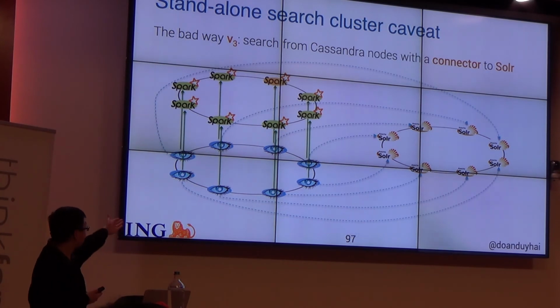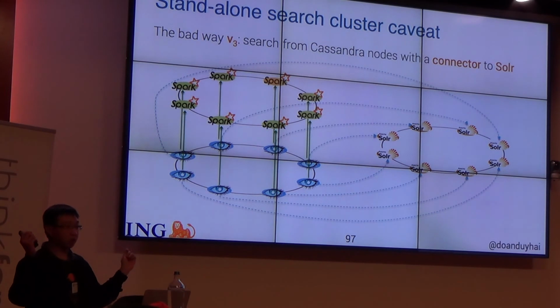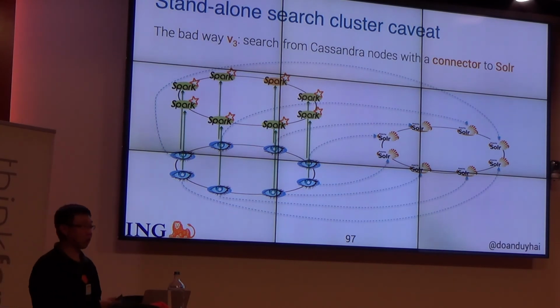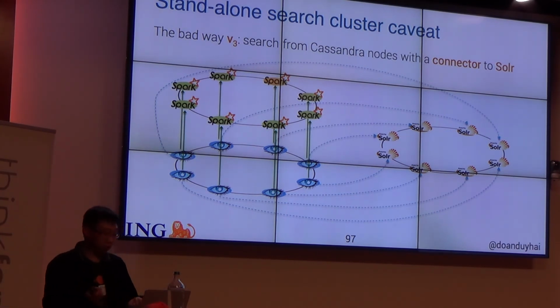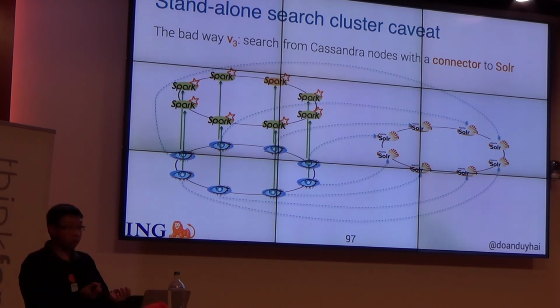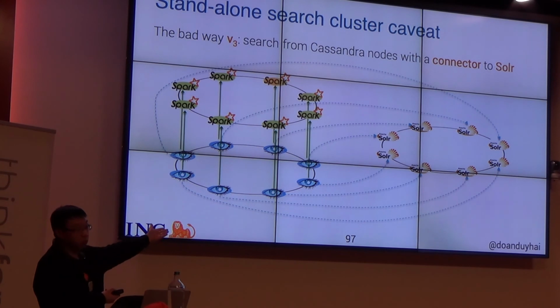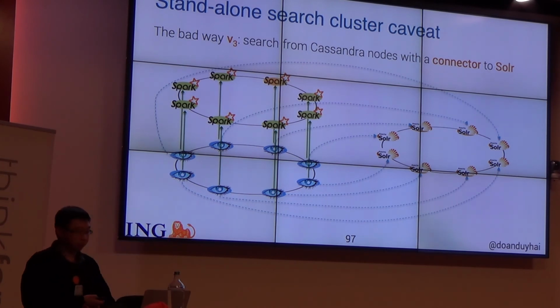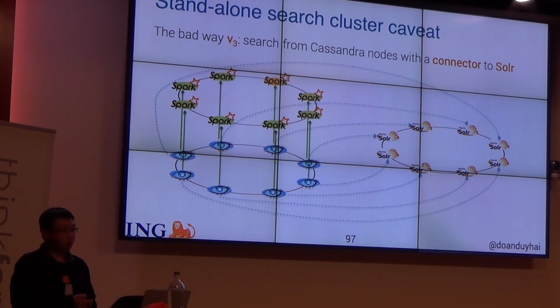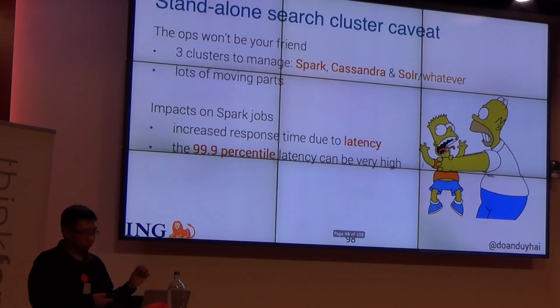Or you can do this from the Cassandra side. Imagine people say, oh, I have a connector for you. You are using Cassandra, I have a connector with Solr. Okay, just plug in, but the connector is just a cable, right? So this will happen on your network. That is why, and those are the drawbacks of those solutions.